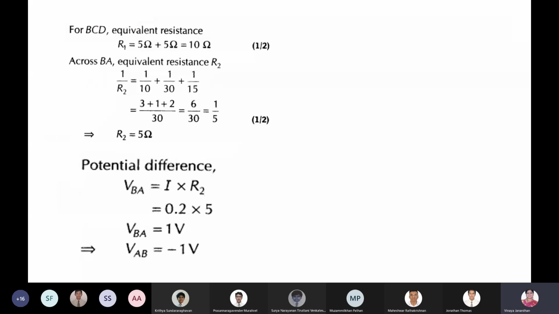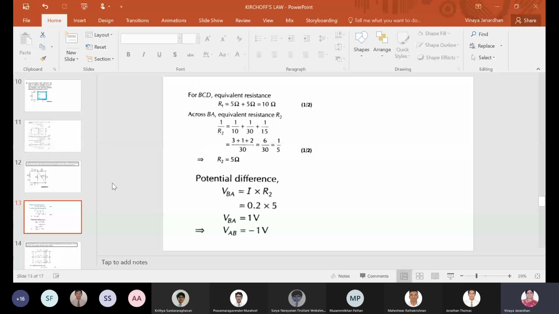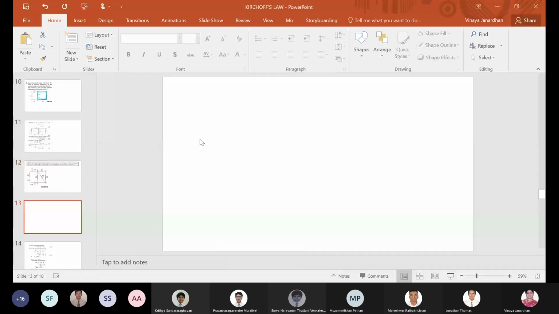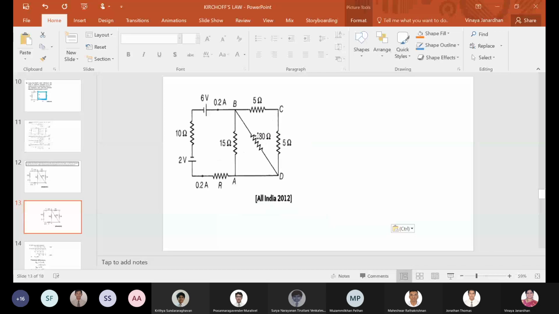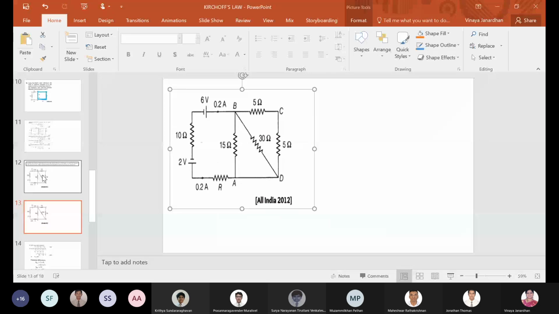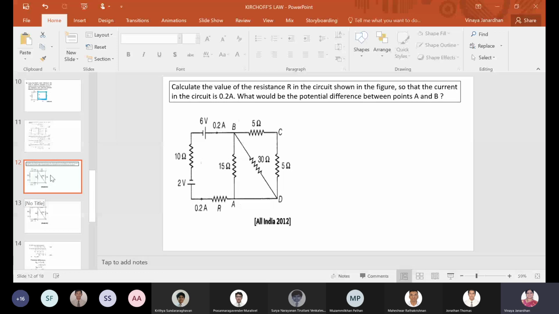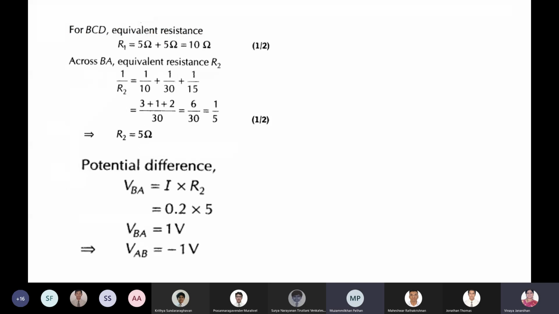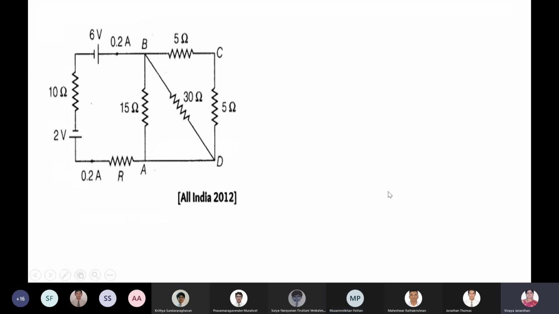Are you all getting 5 ohms? Should I work this out? So R total is 5 ohms. Yes, ma'am. Okay, R total is 5 ohms.